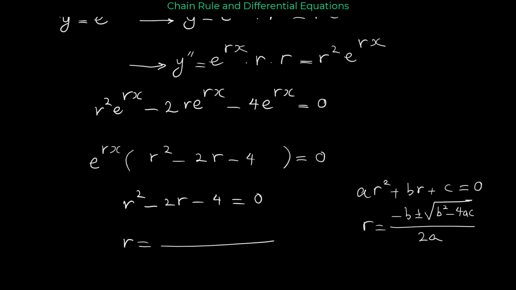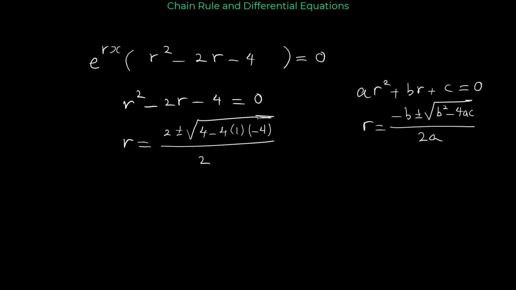If we use this formula, r equals 2 plus minus radical of 4 minus 4 times a times c, all over 2a. So r equals 2 plus minus radical. Inside the radical we have 4 minus -16, so 4 plus 16 is 20, all over 2.